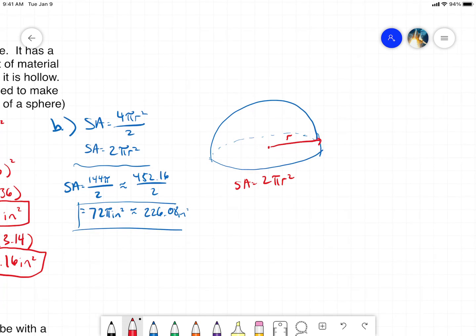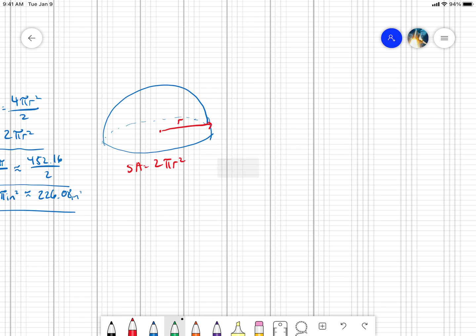Now, if I wanted to instead include, so wrap this entire thing up, so that means cover the bottom, I would need to include the base area. So this formula works for only the top.